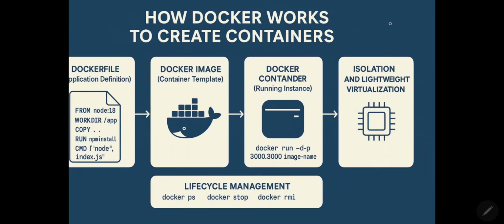You can see from the left to the right. From the left, the first process for creating a container is the Docker file. This is the first one. Process number 2 is the Docker image.